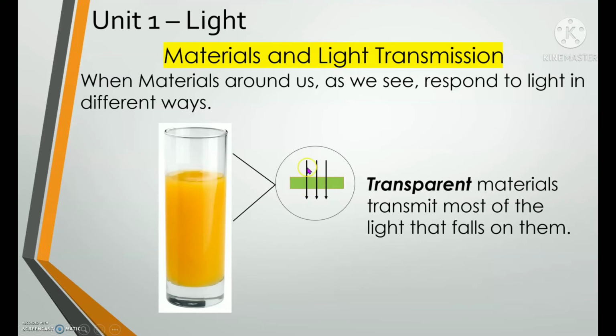The arrows represent the light rays, so the light rays can go through the surface of the glass. It's clear that the light goes through or transmits inside the glass because we can see what's inside. What do we call that? Very good, the transparent materials. Okay, next one.